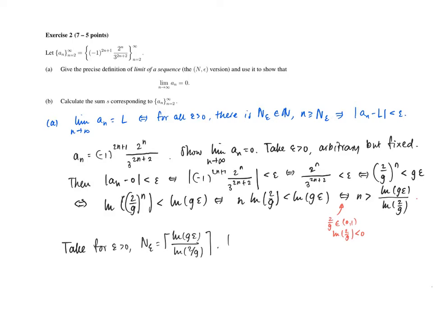So if we round off this number, then we get n epsilon as a natural number, and then we see that if we even take a larger number than n epsilon, then the difference of an with the supposed limit of the sequence 0 is no more than 2 to the power n divided by 3 to the power n plus 2.